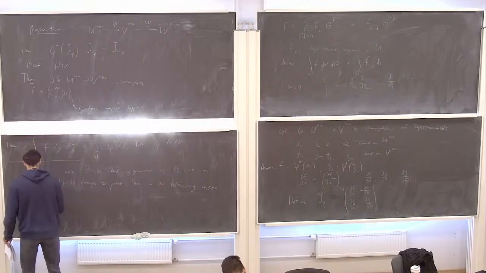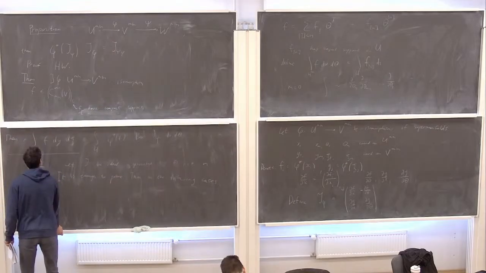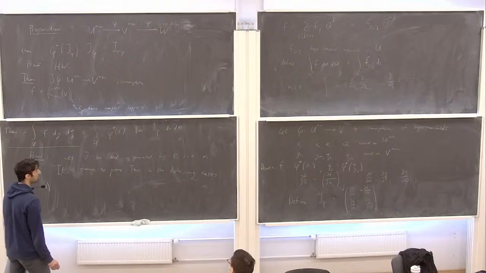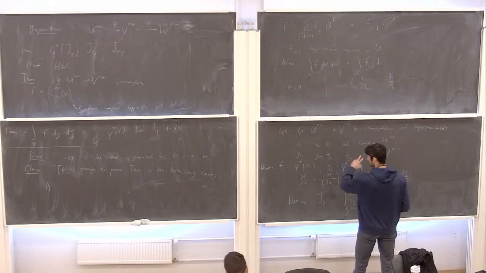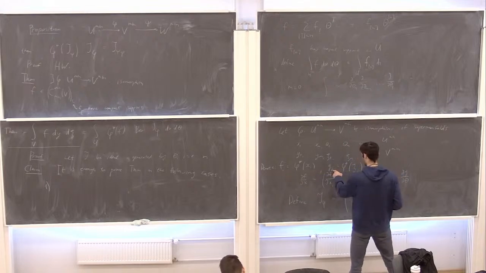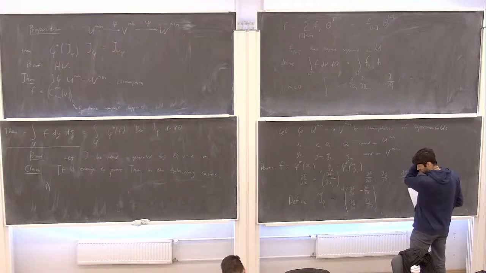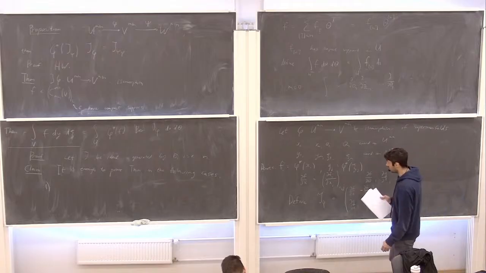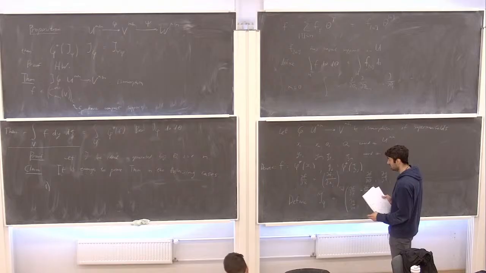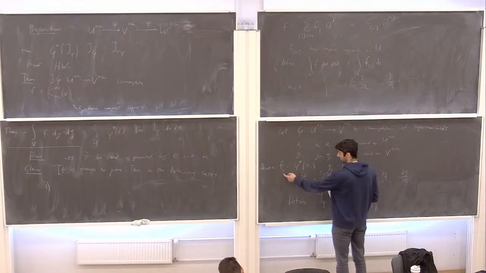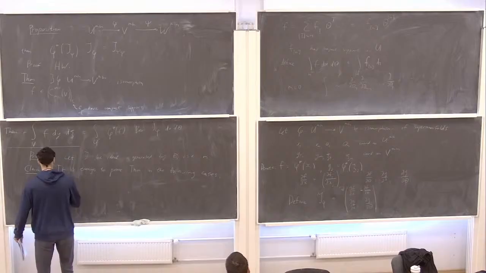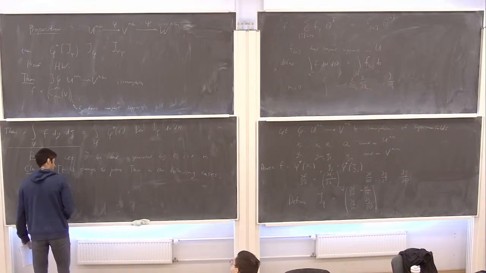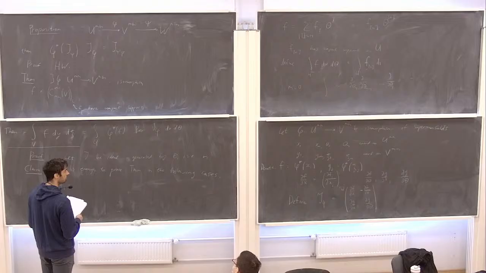Case number 1. I have my f's, so I keep this notation, right? This is my phi, with f_i and g_j like that. Case 1 is that one of the f's is non-trivial, say the first one.